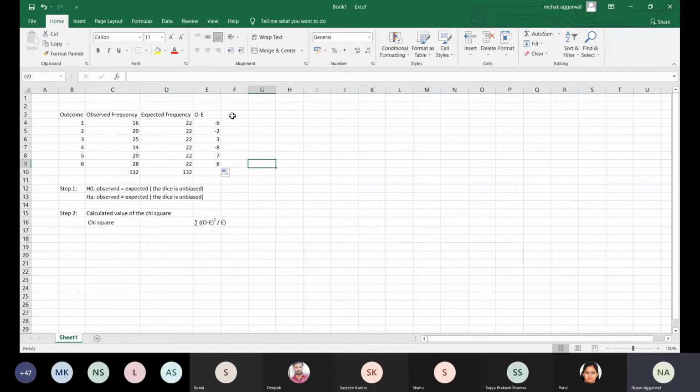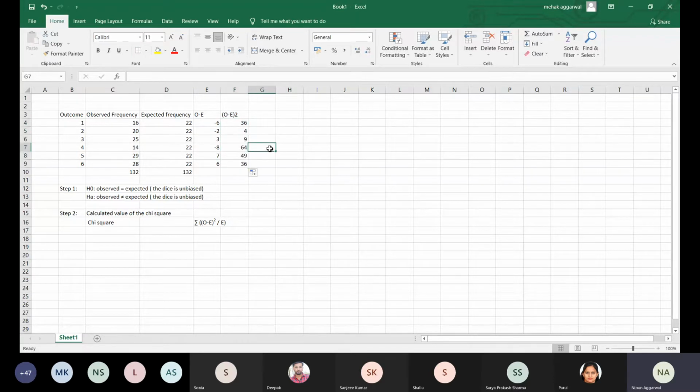Now you have to find observed minus expected square, which is each value multiplied by itself.